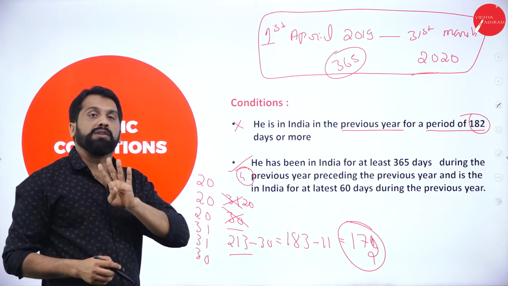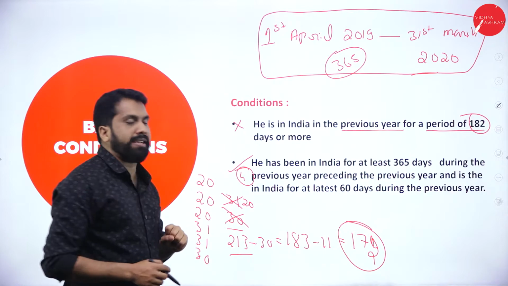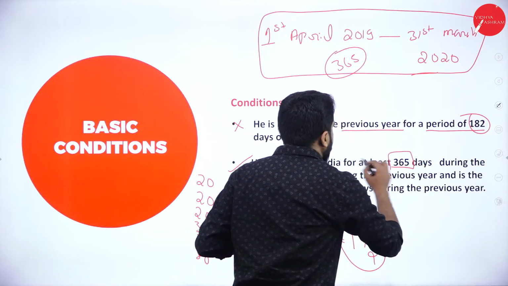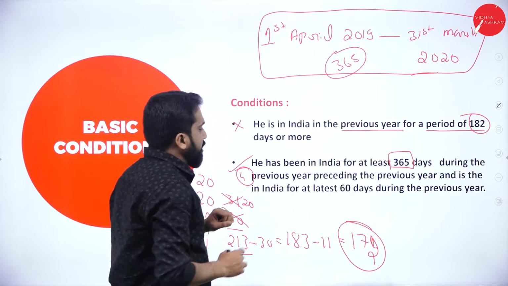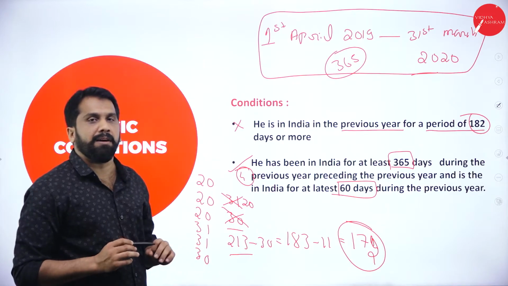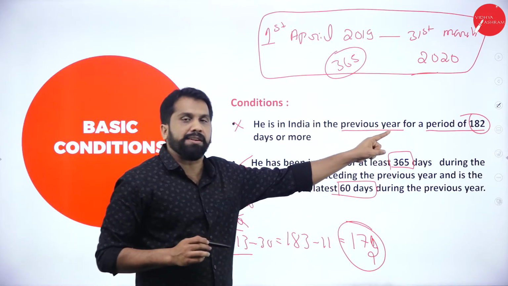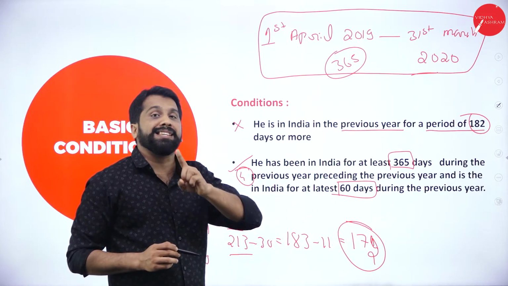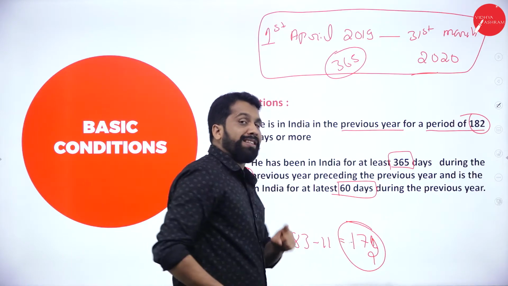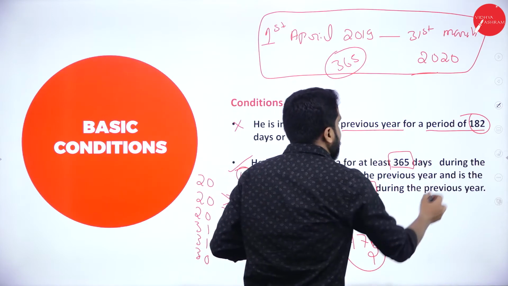Before that, out of 4 years, he must be in India for how many days? 365 days. Along with that, at least 60 days in the previous year. Now, they are not asking you 182 days. They are asking how many days? 60 days is enough. So, how many days was he there? 172. It is more than 60.